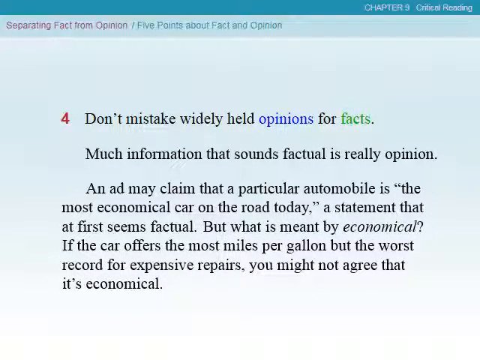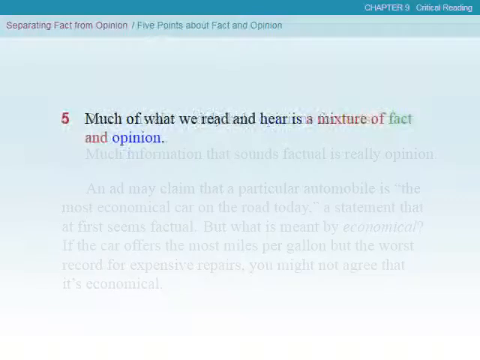But what do you mean by economical? Right? If the car offers the most miles per gallon but the worst record for expensive repairs, you might not agree that it's economical, meaning you save a lot of money on gas, but when it breaks down, it's really expensive to fix. So it depends on how you define the term economical.